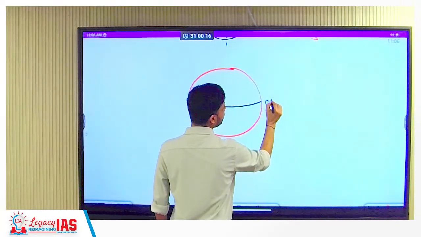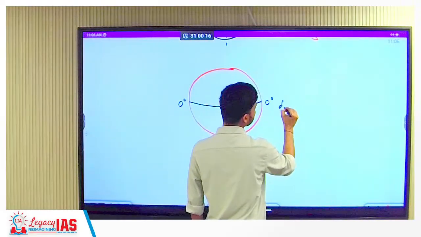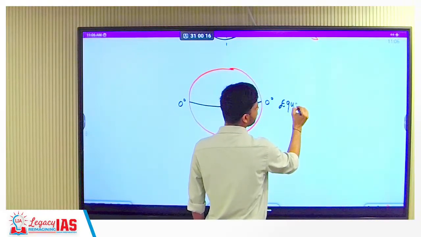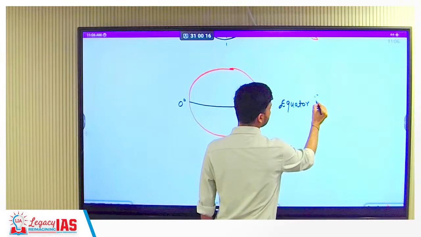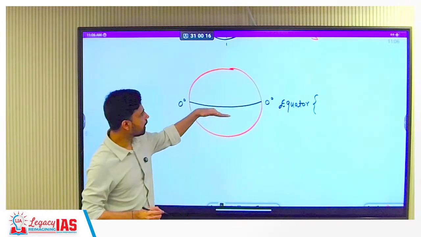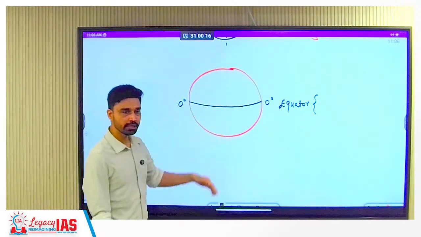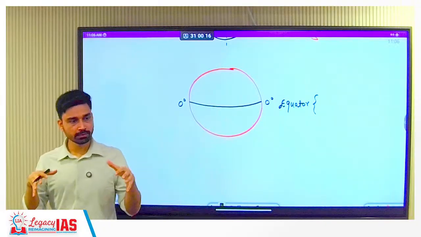So, major latitudes. The first is the one which divides the Earth into two equal halves. What is this latitude called? Equator. So 0 degree. The angular distance is 0 degree from the center, and the latitudinal line is called the equator. And also, if you look, which is the widest part of the Earth? This part. If you go to the north or south of the equator, what is going on? The Earth is becoming narrower.